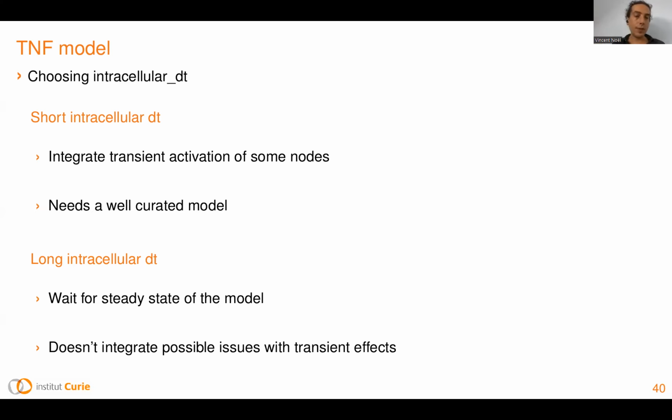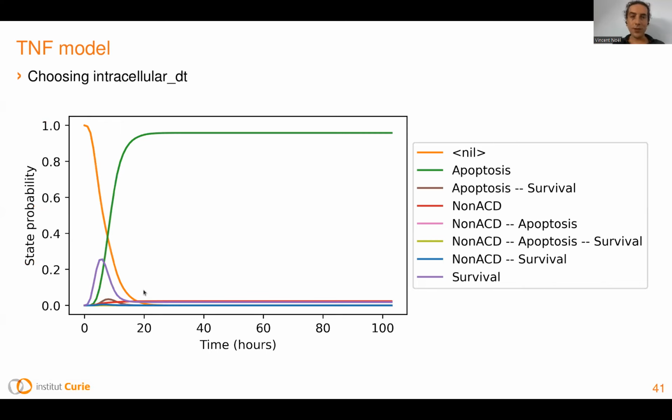And here, we have one issue with our cell-fate model, which is that we have some transient activity which is not good inside our model. First, you can see that you have a big peak of survival at the beginning, which goes down later. This is not relevant biologically. Cells don't turn resistant very quickly and then go down later.